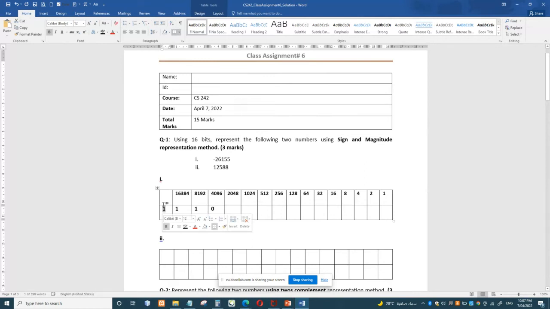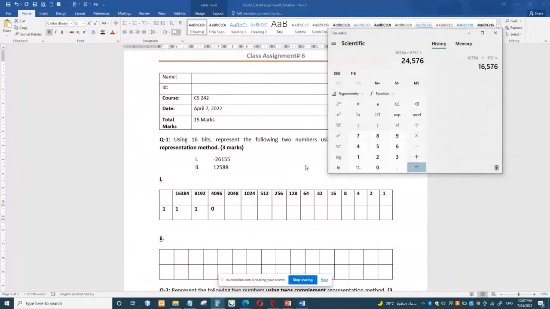Remember, this is a sign and magnitude representation. The leftmost bit should be used for the sign. And since our number is a negative number, you must put 1 for the negative sign. Is it clear? Yes, clear. Okay. Doctor, can we write minus 32,000 on the last bit in the first column? Yes, please.